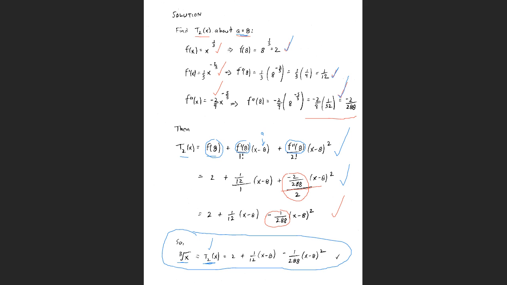In other words, what I'm saying is my second degree Taylor polynomial will be equal to the cube root of x when x equals what value?